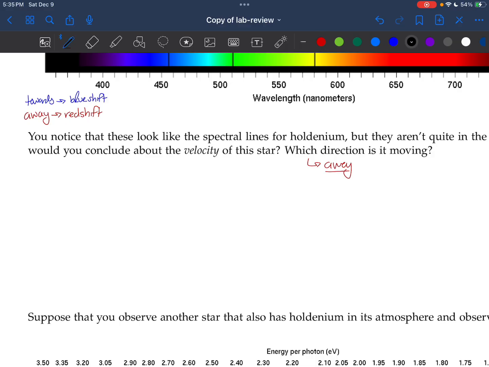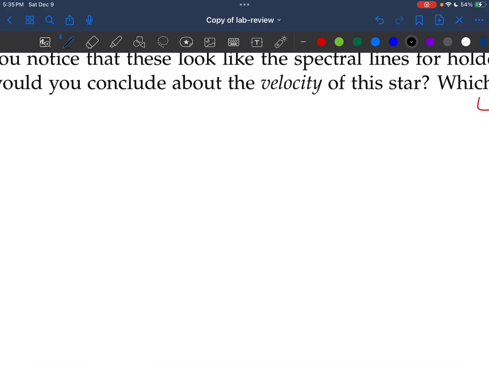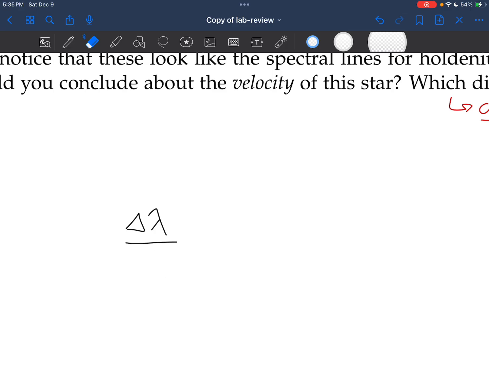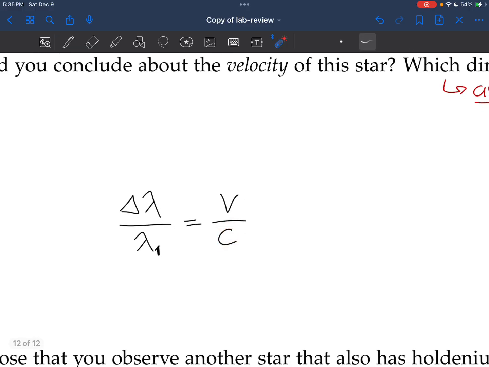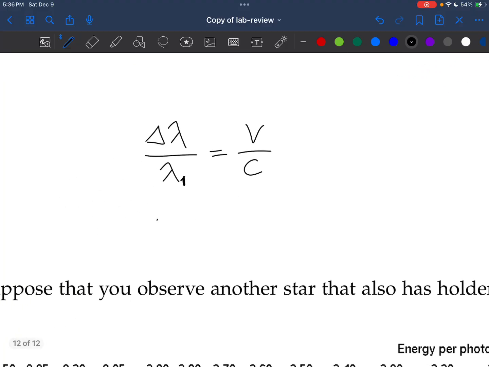And we can figure out how fast if we remember the equation we used: my change in wavelength divided by my original wavelength, which we'll call wavelength 1, equals my velocity divided by the speed of light, c. That change in wavelength, delta lambda, you can write as lambda 2, what I'm observing, minus lambda 1, and again over lambda 1, equals v over c.